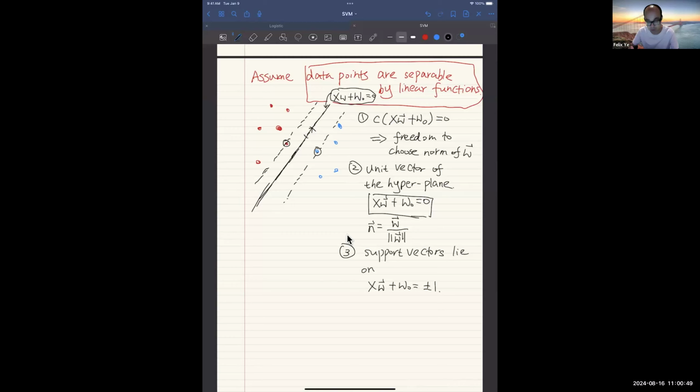So here we call these the margin boundaries. Right, so this is very important. You can think about it like this: everything going down right here will be x times w plus w0 equal to minus 1, and everything up right here will be plus 1.